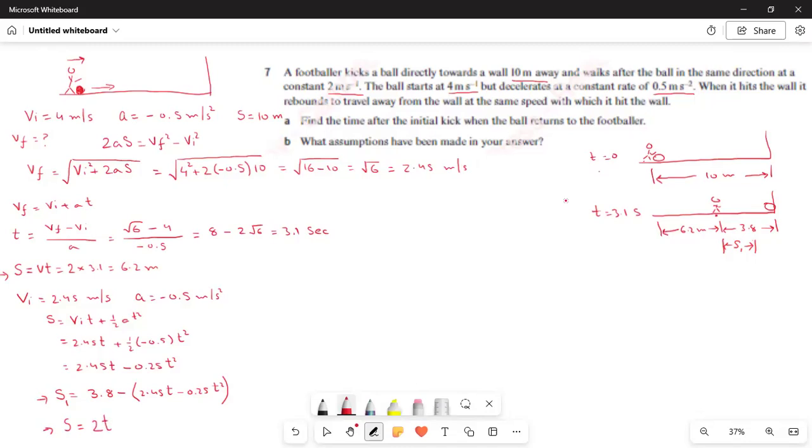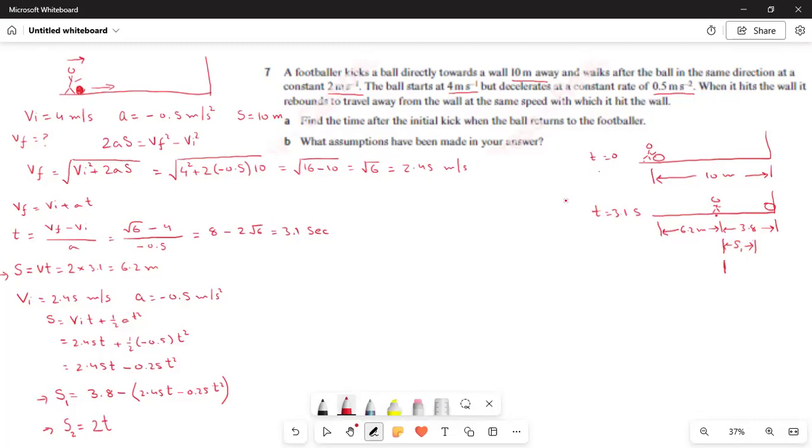We call it S2. So S2 is the distance traveled by the player from this point, if I consider this point as time 0 for the second period.